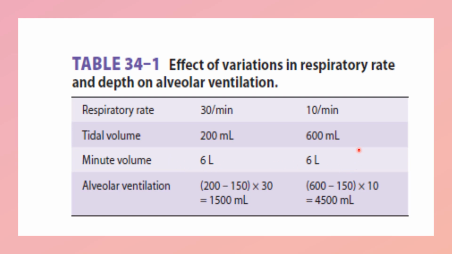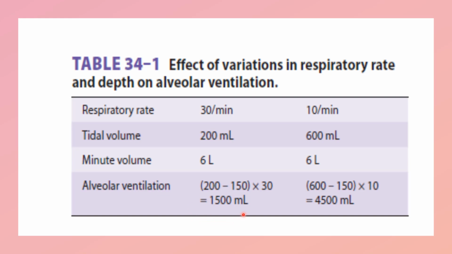But if we see the alveolar ventilation, we know that tidal volume minus dead space, multiplied by the respiratory rate, is alveolar ventilation. If the person is taking rapid breaths, the alveolar ventilation is only 1.5 liters or 1500 ml.